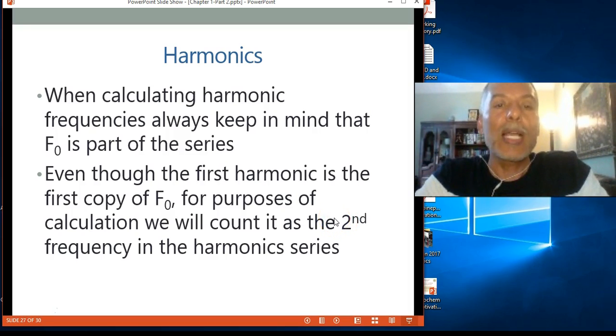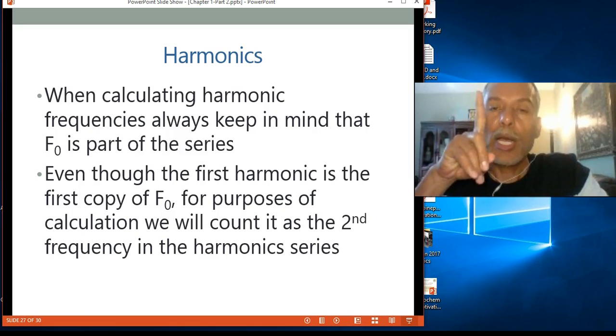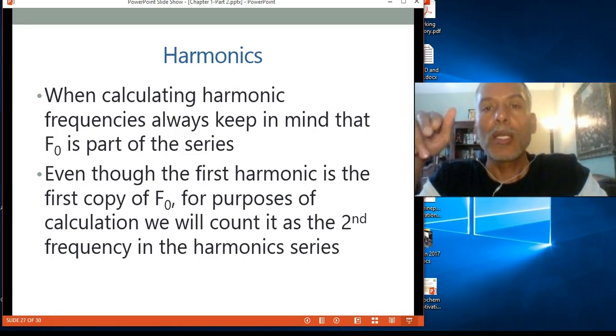So again, when calculating the harmonics, you are going to have many questions like this in the exam. You always keep in mind that the fundamental frequency is part of the series. You count it as the first vibration. And then the second one, even though it is the first harmonic, you call it number 2.